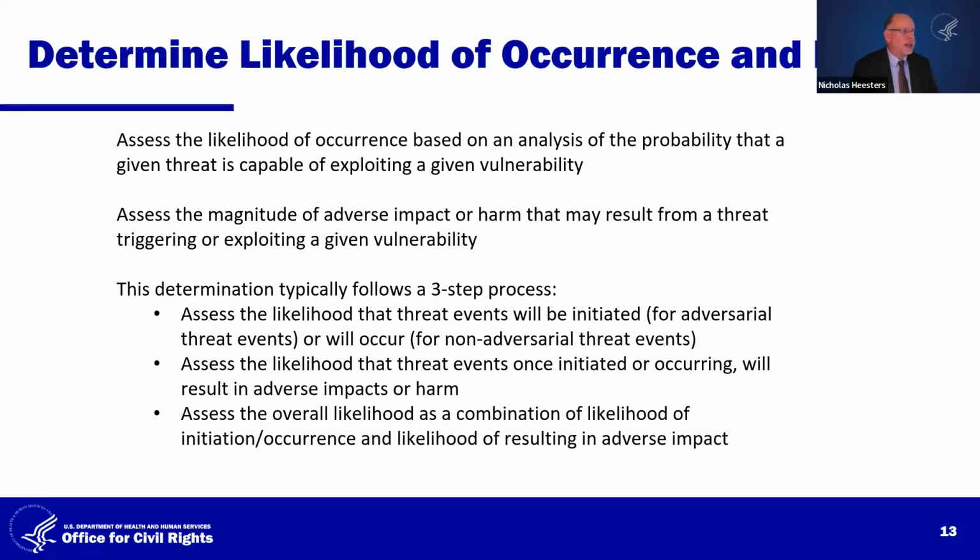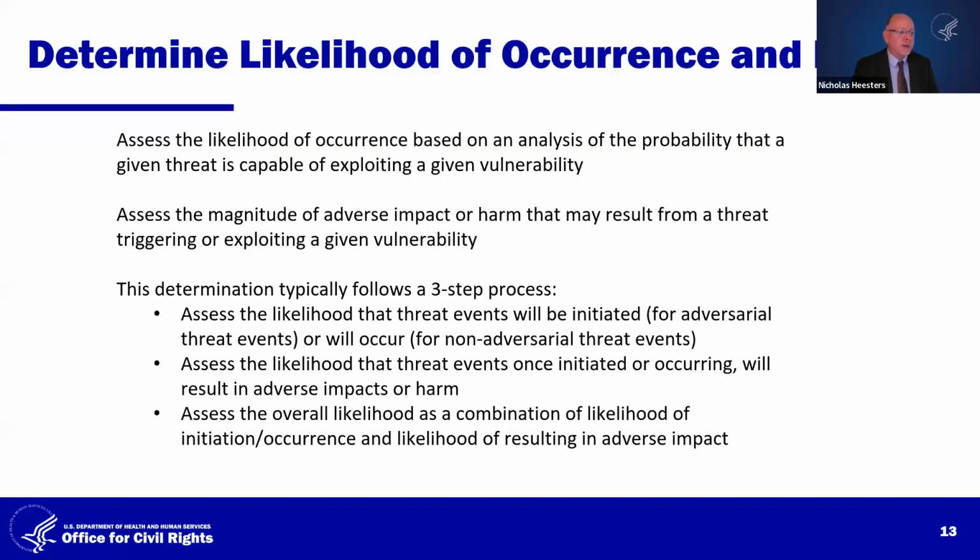I need to assess what the likelihood of that occurrence is based on an analysis of the probability that a given threat is capable of exploiting a given vulnerability, and to assess the magnitude of the adverse impact or harm that may result from the threat triggering or exploiting a given vulnerability.